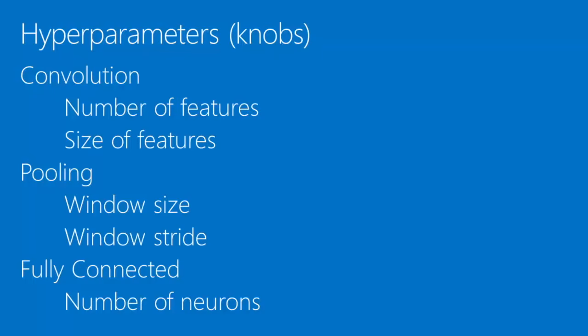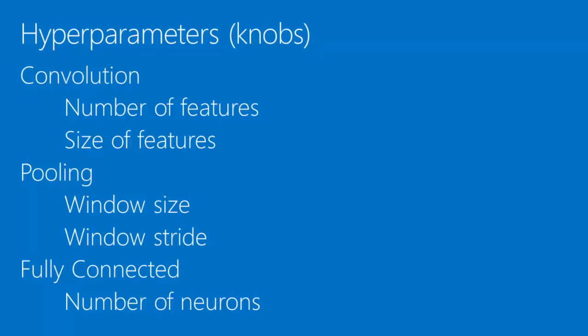In the pooling layers, choosing the window size and the window stride. And in fully connected layers, choosing the number of hidden neurons, intermediate neurons. All of these things are decisions that the designer gets to make. Right now, there are some common practices that tend to work better than others, but there is no principled way. There's no hard and fast rules for the right way to do this.